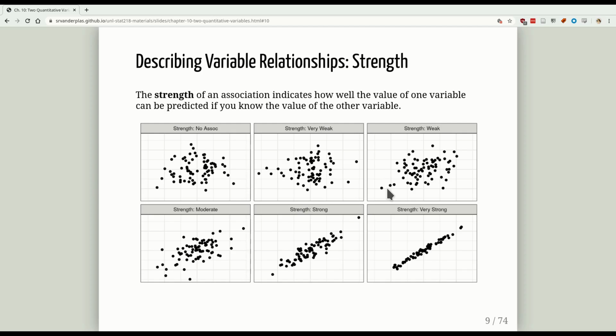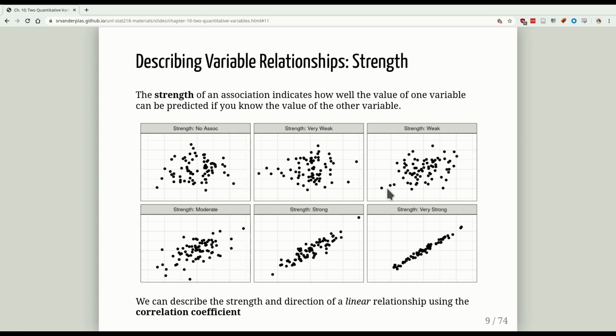So you're just going to have to call it like you see it, and as long as you're not saying that the bottom right plot has no association, you'll be fine, right?